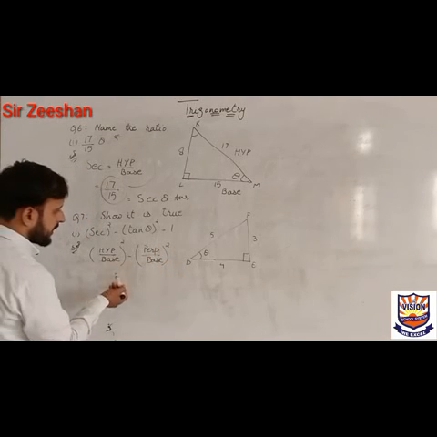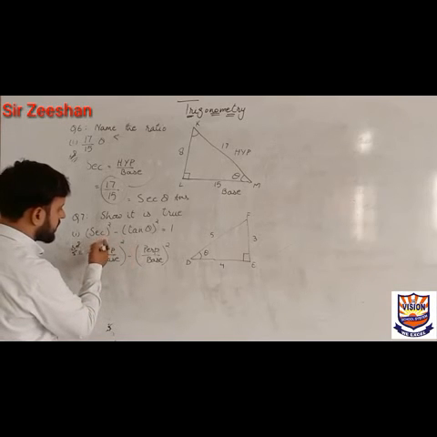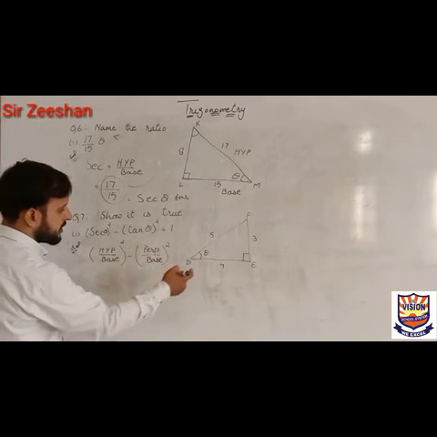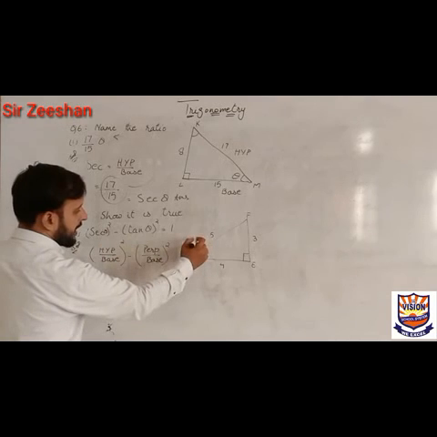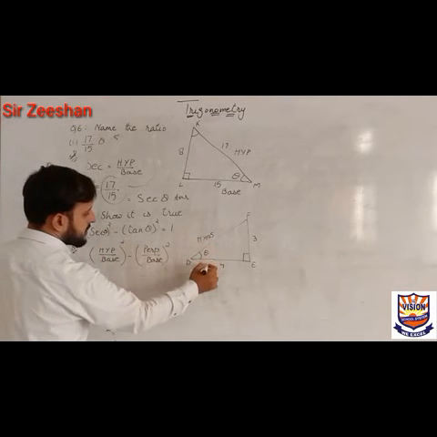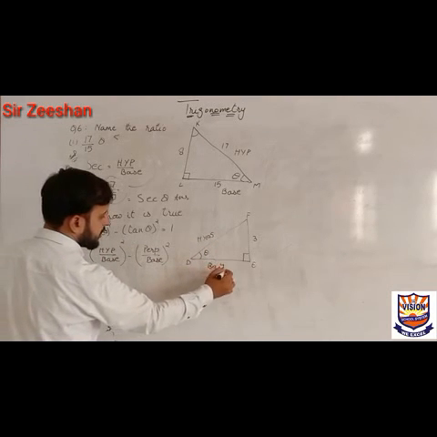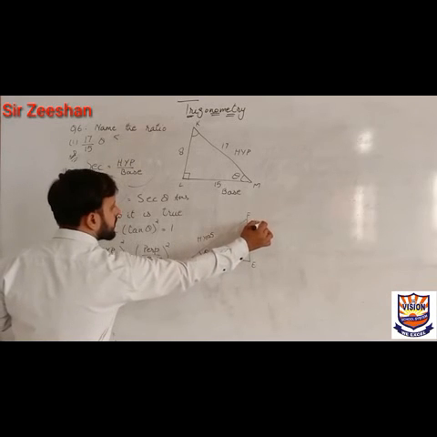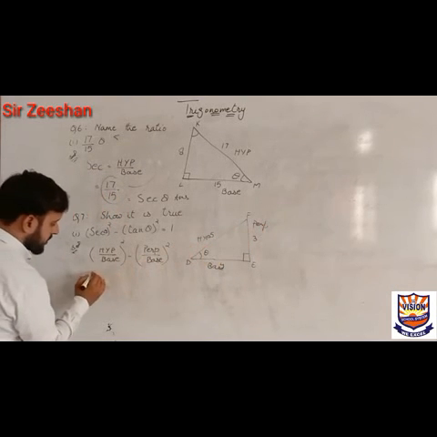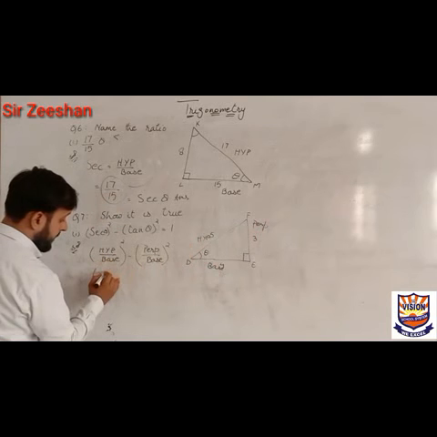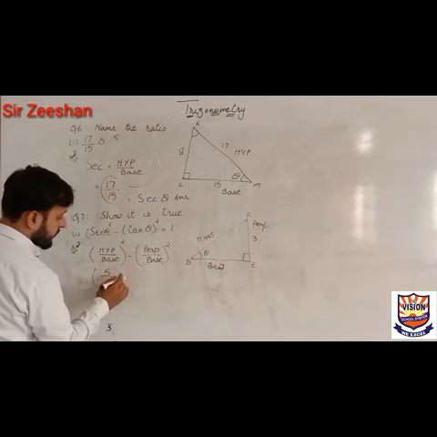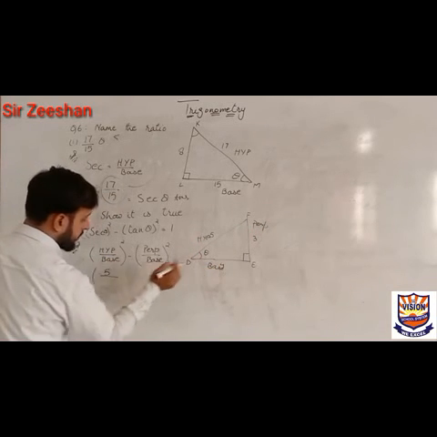So let's put the values according to theta. It's sec theta. This is hypotenuse, this is base, and this is perpendicular. The value for hypotenuse is 5 and the value of base is 4.